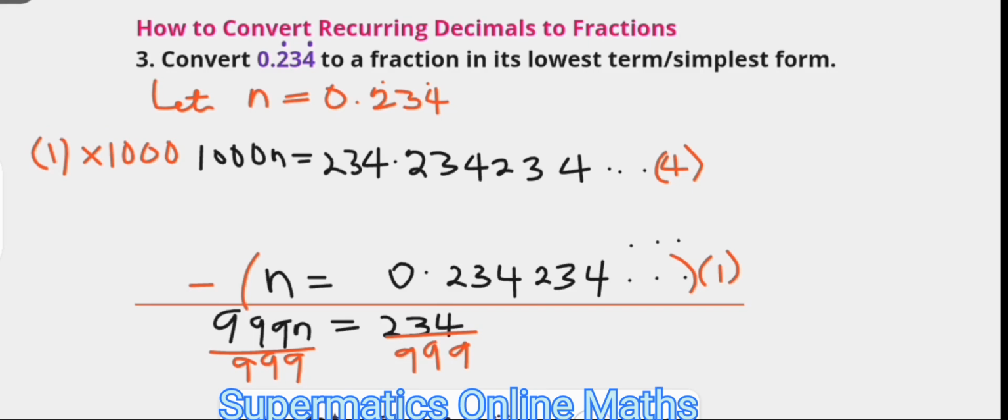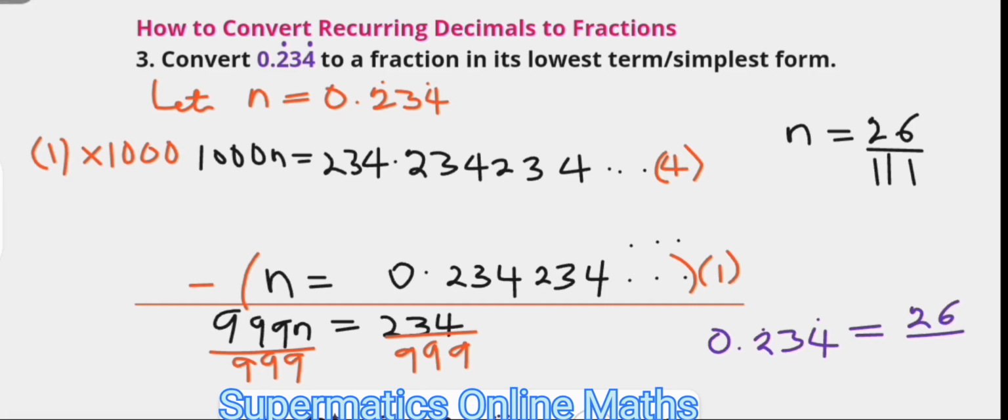Yes, it does reduce to 26 over 111. Hence, 0.234 with the 3 digits recurring is 26 over 111. We move on to the next.